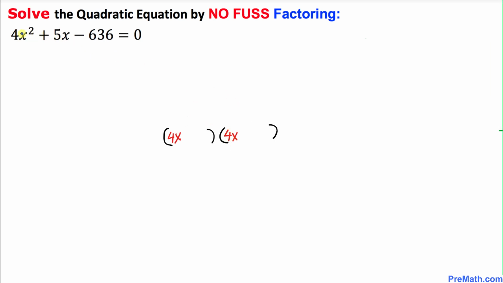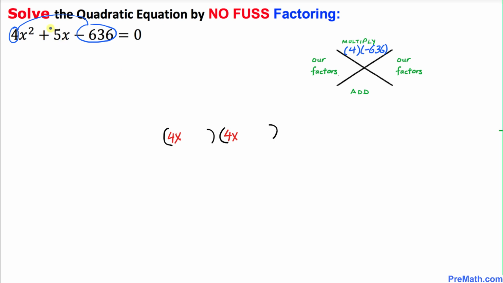And in this next step, we are going to multiply these end numbers 4 times negative 636, and write them down on the top of this x factor. Just write them down 4 times negative 636. You don't have to multiply them, just write them down this way.